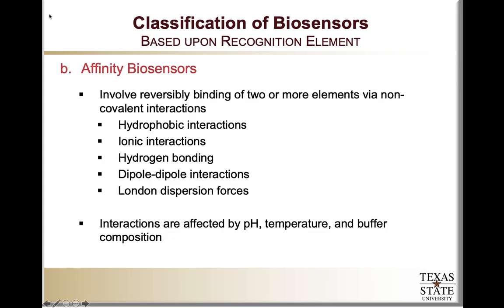In addition to enzymatic sensors, we also have affinity biosensors, which are those that involve reversible non-covalent interactions between the analyte and the receptor molecule, or sensing molecule, I should say. Those reversible non-covalent interactions include hydrophobic interactions, ionic interactions, or electrostatic attractions, hydrogen bonding, dipole-dipole interactions, and London dispersion forces.